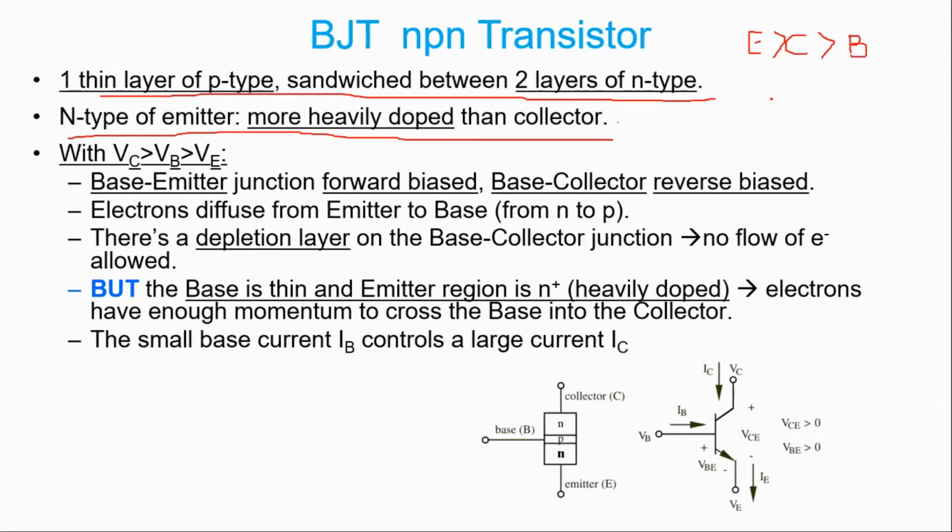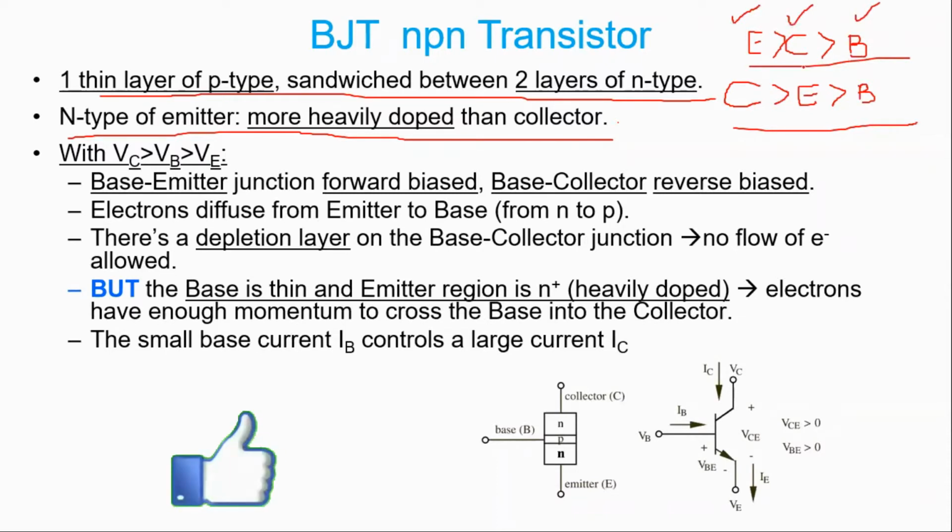As far as area is concerned, the largest area is of the collector, then the emitter and then the base. Please note down these things: as far as doping is concerned, emitter is heavily doped, collector is moderately doped, and base is lightly doped.